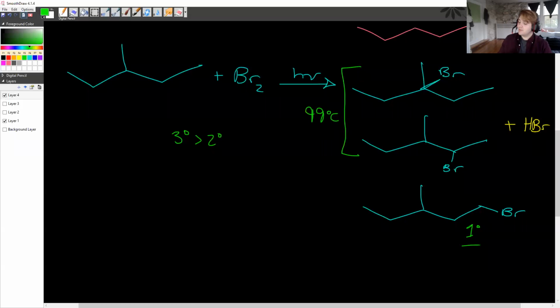When we react them together, we're going to generate so much heat from the reaction that it will explode. So if you try fluorinating a product using the radical halogenation method, you're going to blow up in the lab and cause problems.